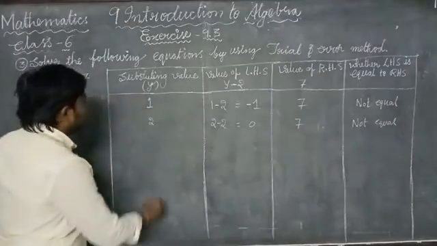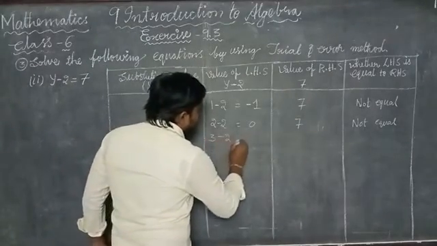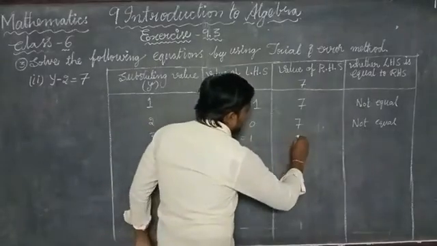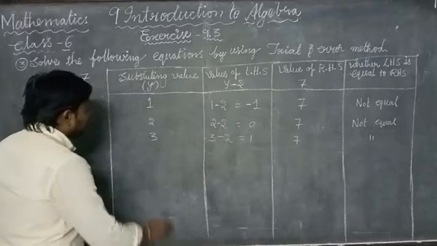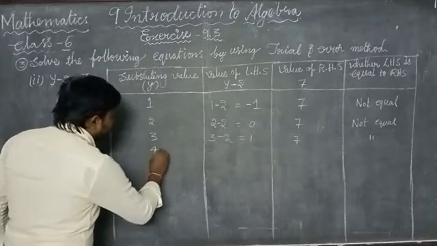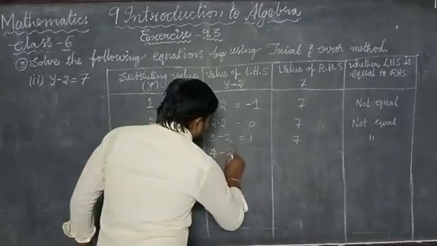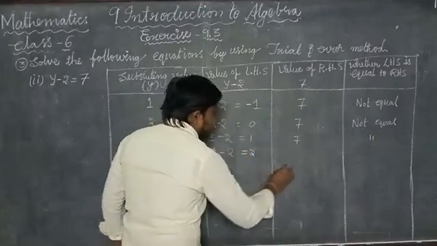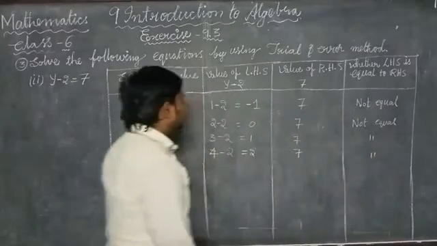Next 3: 3 minus 2 is 1. It is not equal to 7. Then 4: 4 minus 2 equals 2. It is not equal to 7.